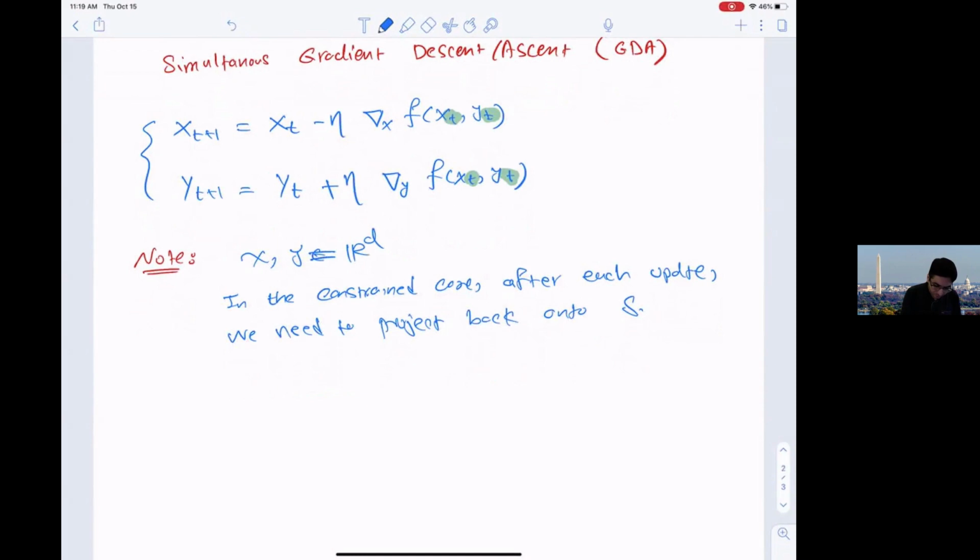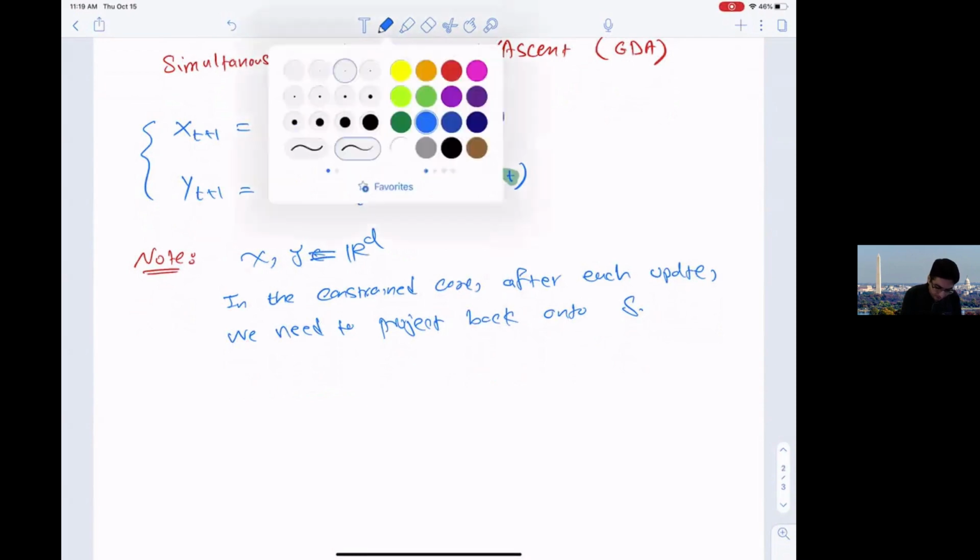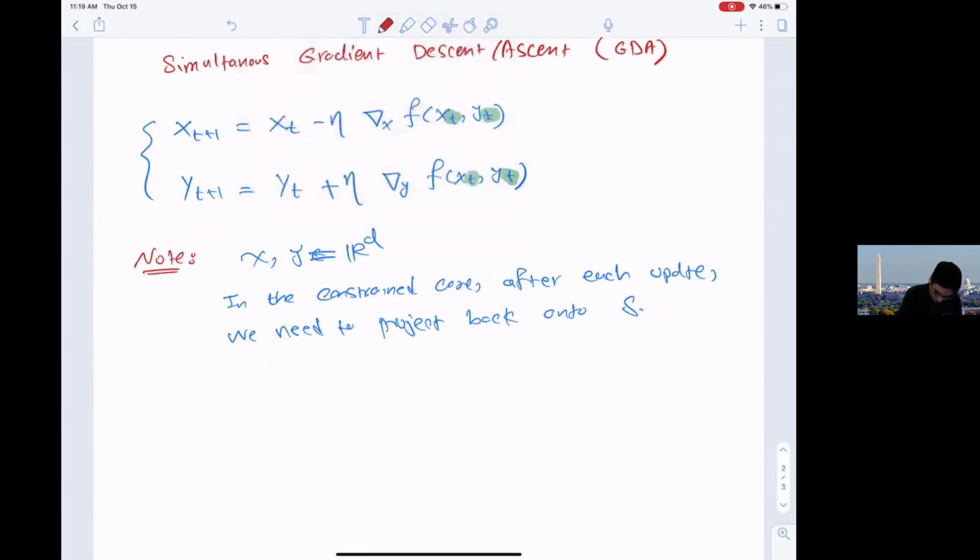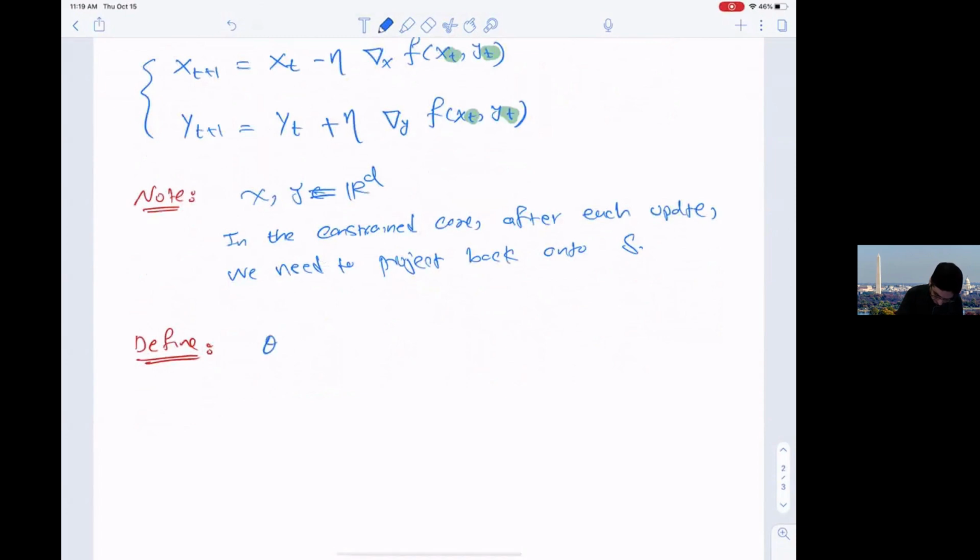All right, so to simplify this notation, let me introduce theta that includes both X and Y variables. So I define theta that has my min variables and my max variables, both of them.